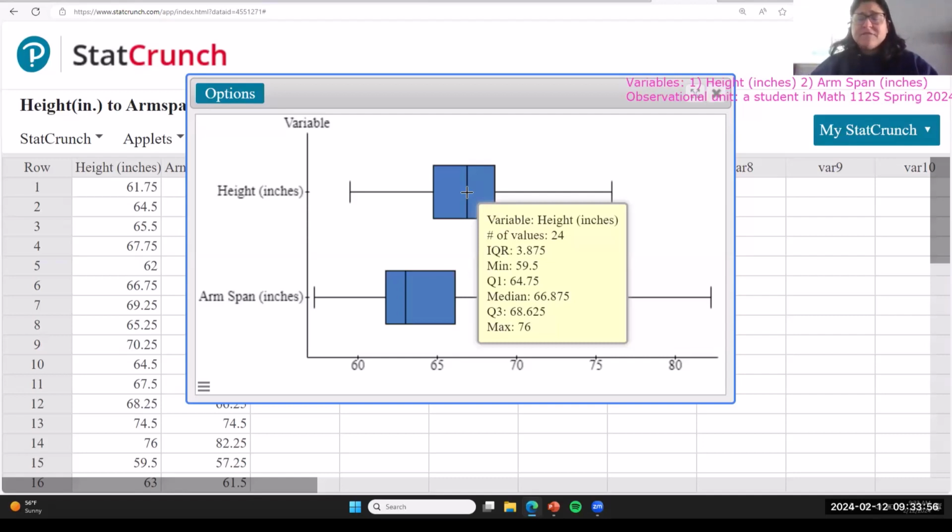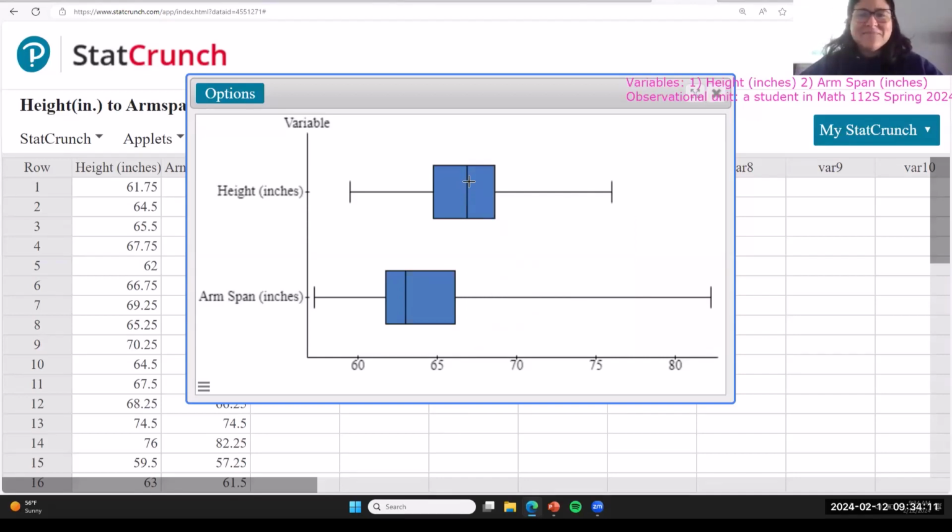The minimum was 59.5 inches. The maximum was 76 inches. And so on. Our median was 66.875. It won't let me take a picture of it, but I can write these data values down over here.